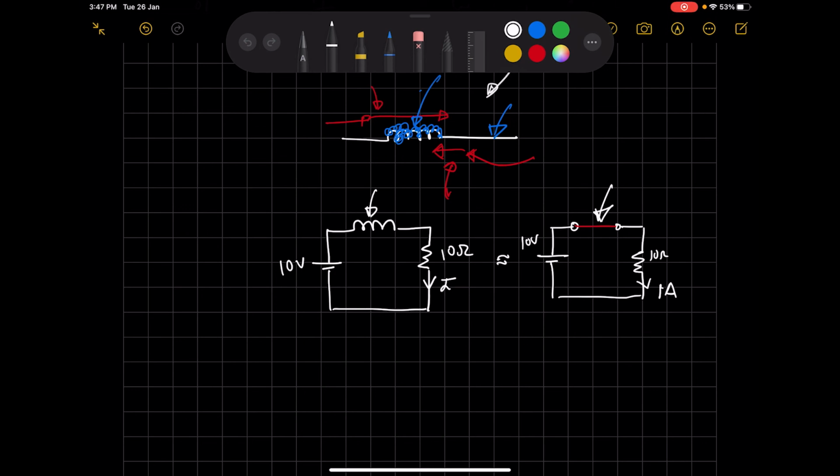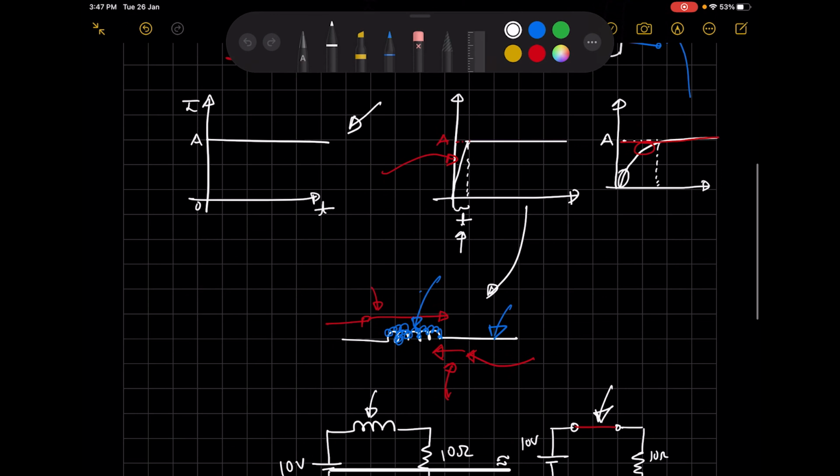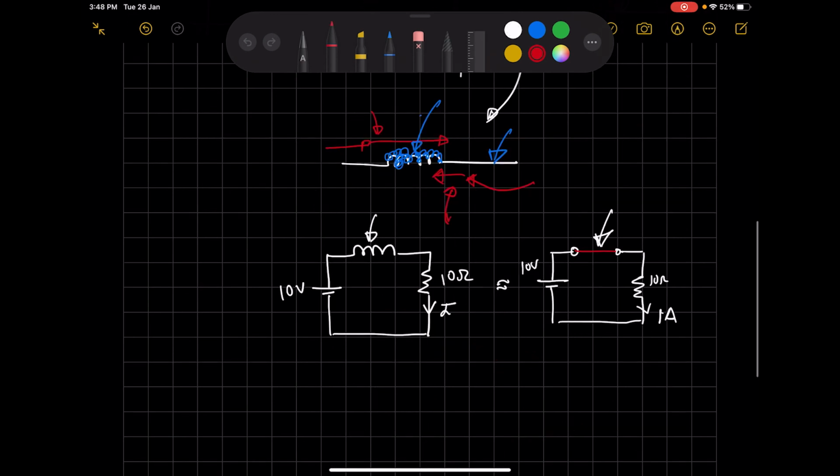There is definitely a portion of time where the inductor will offer a resistance, that is only during the initial rising of the waveform. So if you are analyzing any circuit which contains inductors and you have a DC current or a DC voltage, then the inductors can be replaced by a short circuit.